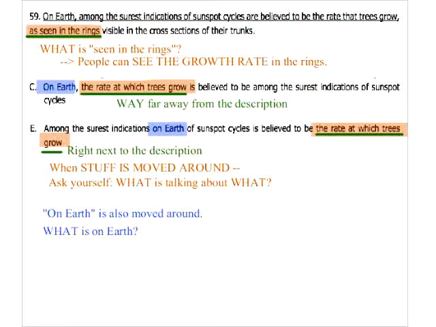It's the indications, right? The indications are on Earth. And you really have to understand what the sentence is trying to tell you to make decisions like this.